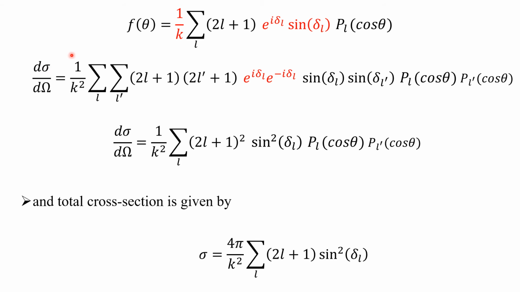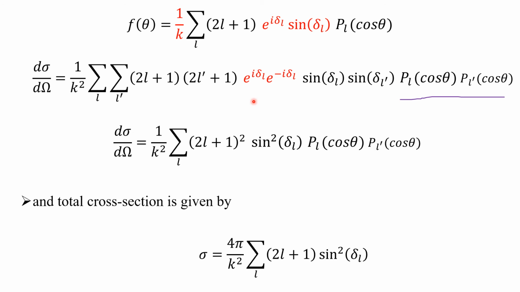In order to find the total cross section, you have to integrate it, and you have to apply the orthonormality condition for the integration of P_l(cos θ) P_l'(cos θ), which I have explained in my previous lecture. This is equal to 2 divided by (2l+1) δ_ll', where δ_ll' is the Kronecker delta.